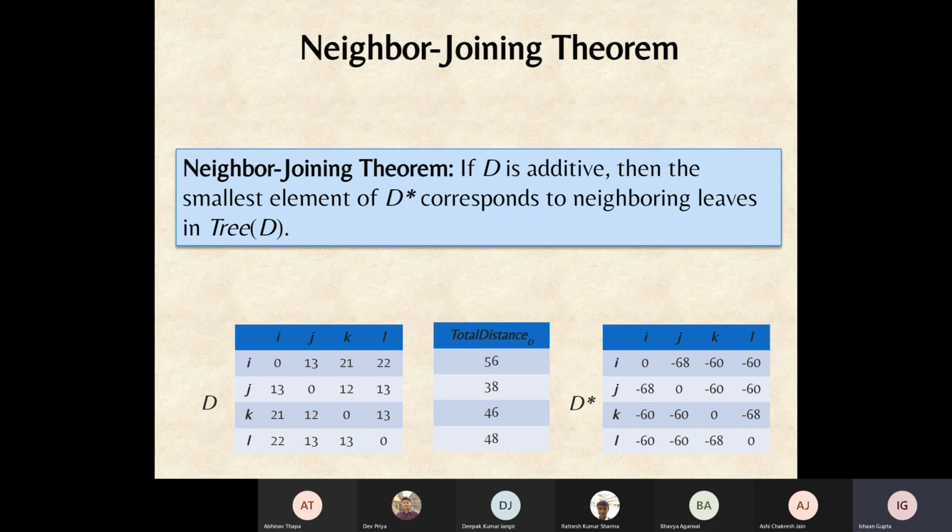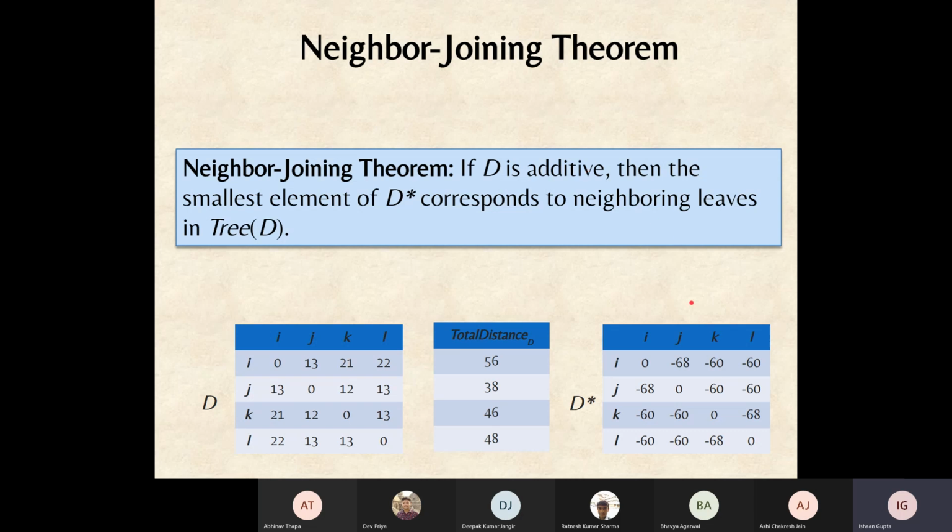All right. So for a matrix D, the smallest element of the D star corresponds to neighboring leaves, and this is actually true not just for additive matrices, but also for non-additive matrices.